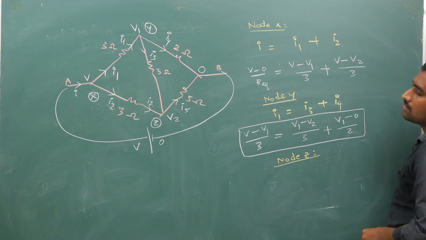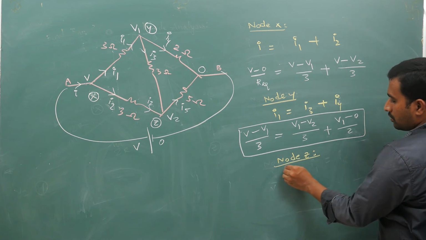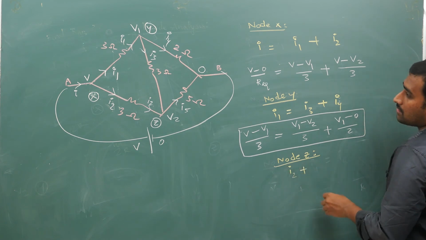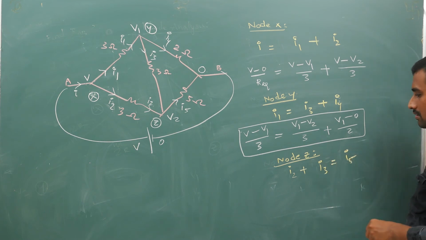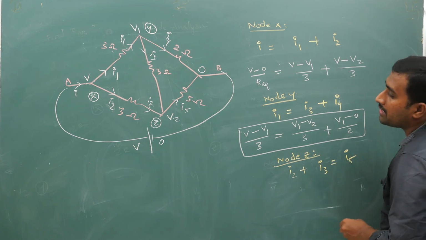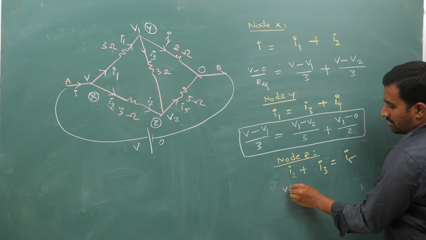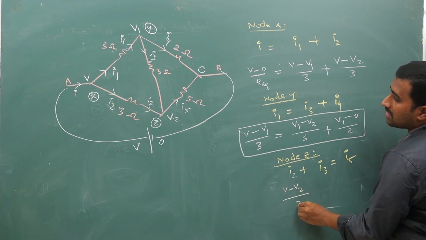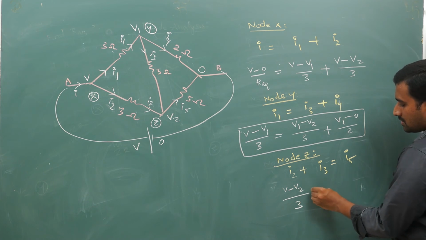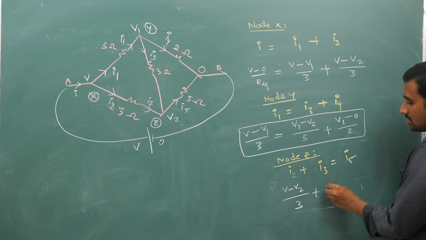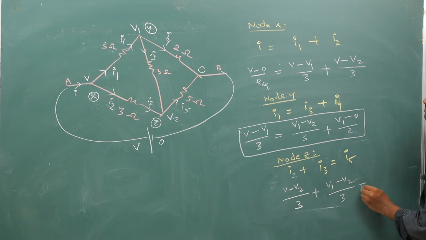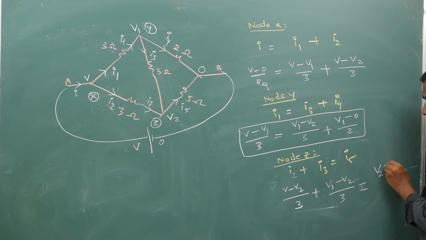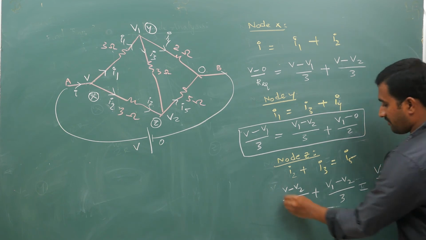In node Z, your I2 current and your I3 current are combining to give you I5. So your I2 is (V minus V2) by 3, plus your I3 is (V1 minus V2) by 3, that is equal to your I5, which is (V2 minus 0) by 5.